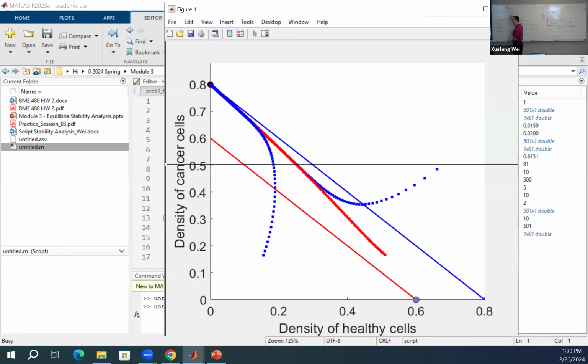When they cross the line, the direction has to be vertical, and then go towards west until it reaches the equilibrium point. For this one, you may not even get a chance to cross. Even when they're very close, you still have the same scenario.